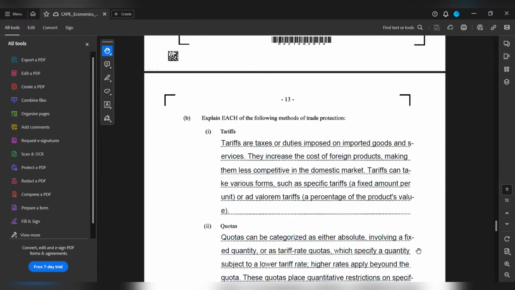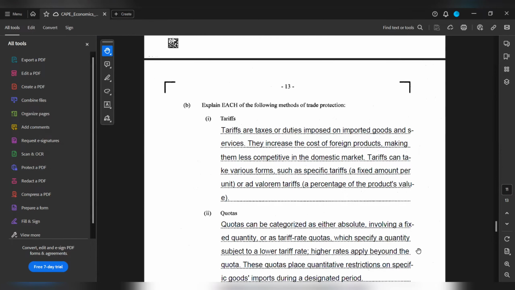Quotas can be categorized as either absolute, involving a fixed quantity, or a tariff rate quota, which specifies a quantity subject to a lower tariff rate. Higher rates apply beyond the quota.